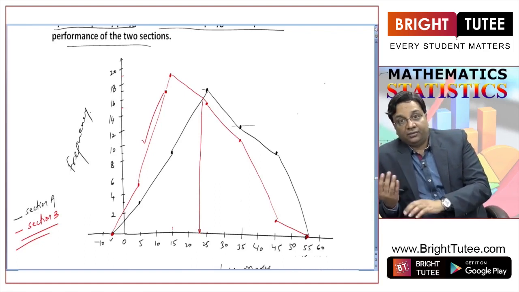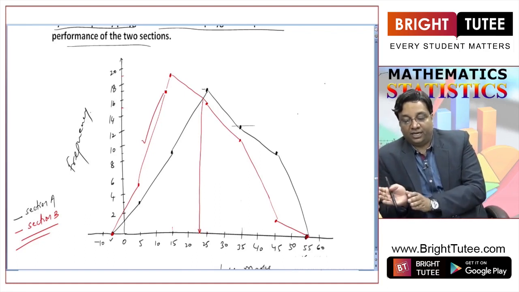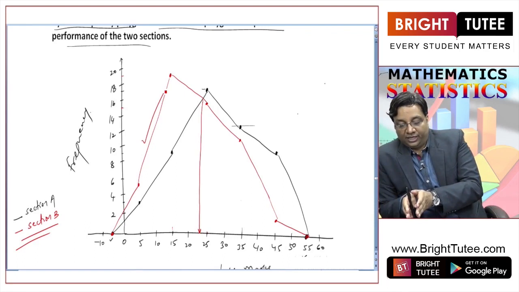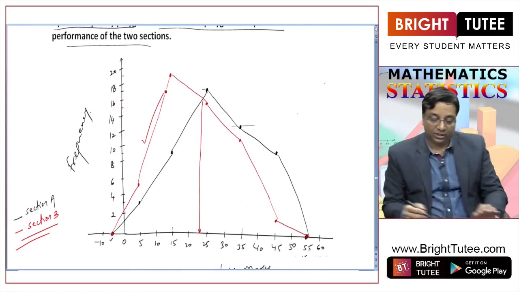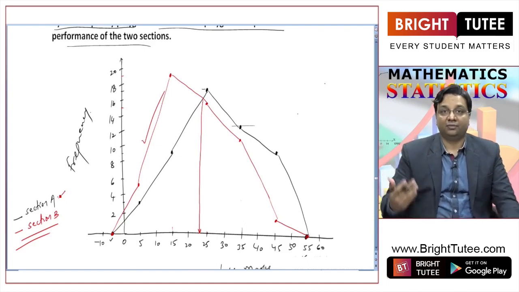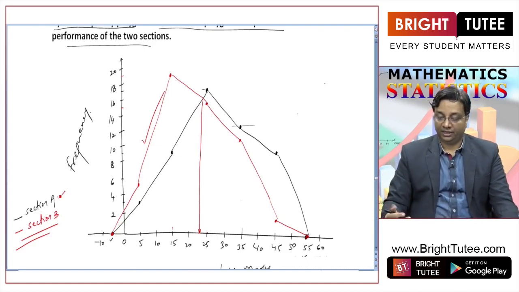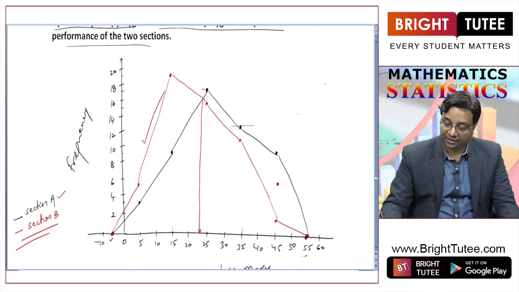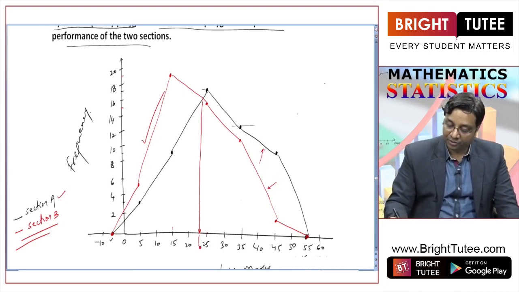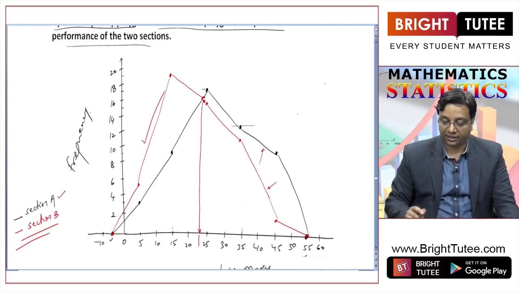But when we think about scoring more number of marks, that is 22.5 to, let us say, 55, there are more number of students in section A who are scoring higher marks, right? Because this graph, this red one, is lower than this black one after this point, right?